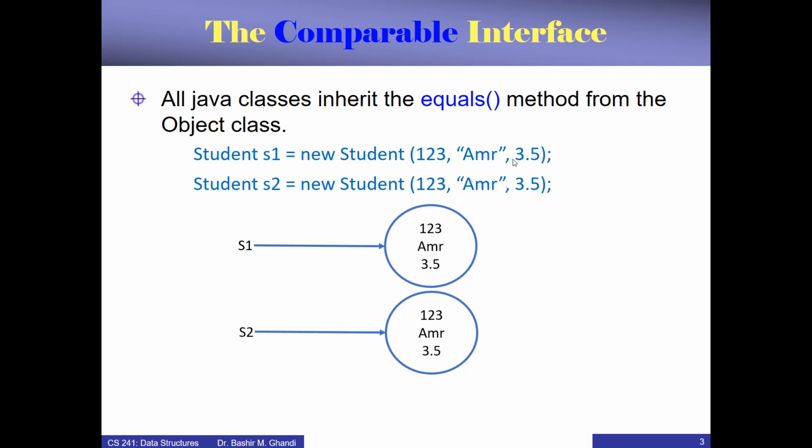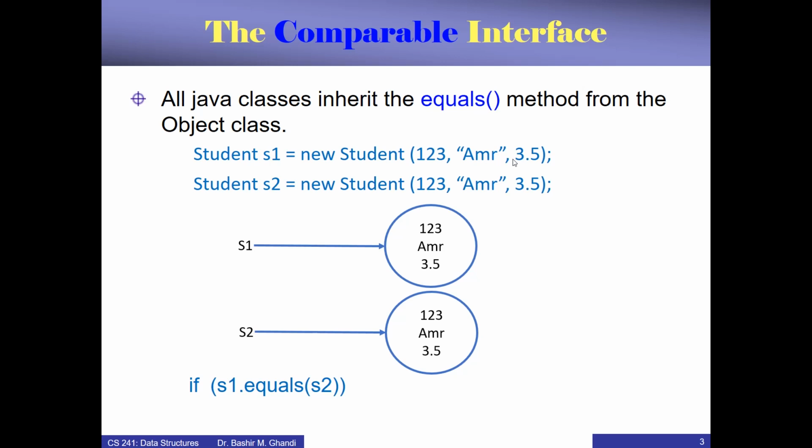And therefore, if you rely only on the implementation of the equals method in the Object class, and you attempt to check whether s1 is equal to s2, I guess you will think the result will be true, since the two objects have the same data, the same ID, the same name, and the same GPA.